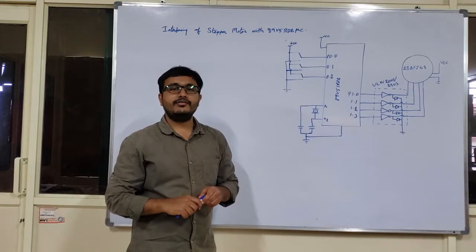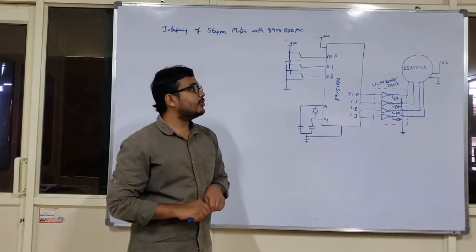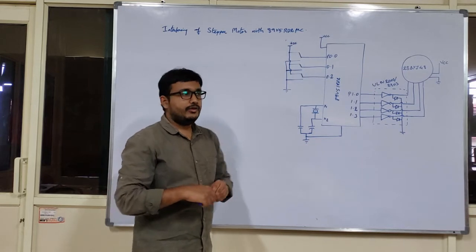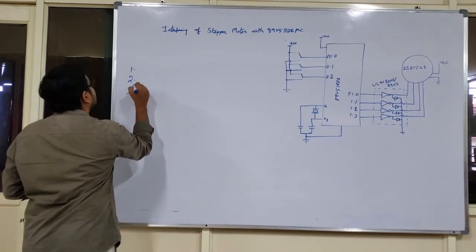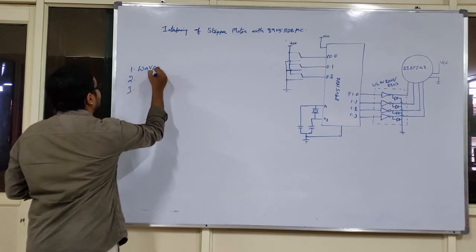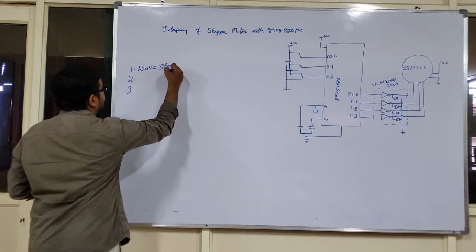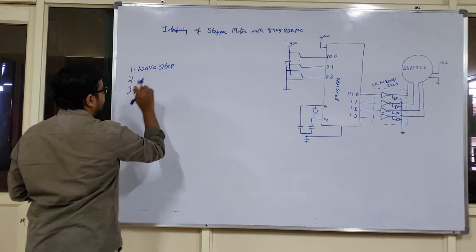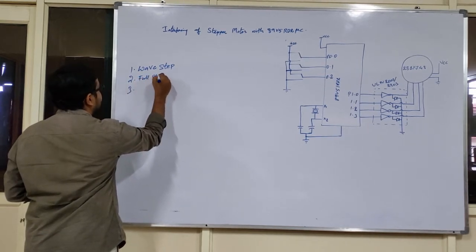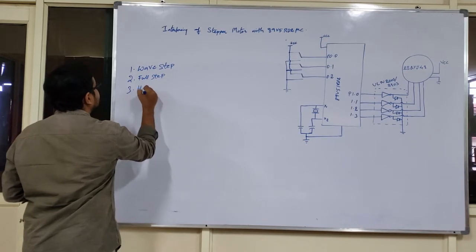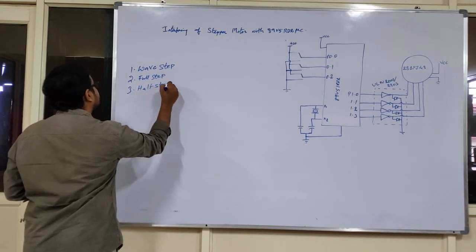There are three ways by which the stepper motor will be getting excited. We call those modes wave step excitation mode, sometimes I can call this one a micro step excitation mode, and the next is full step excitation mode, and the last one is half step excitation mode.